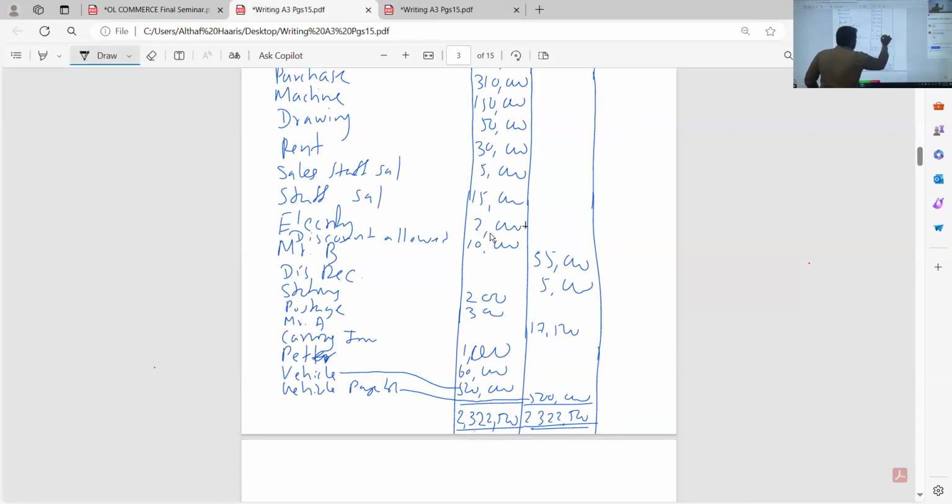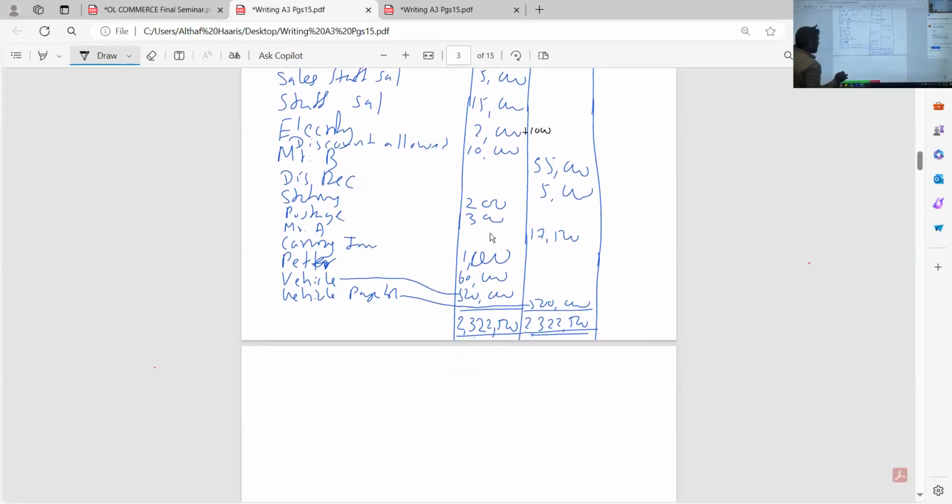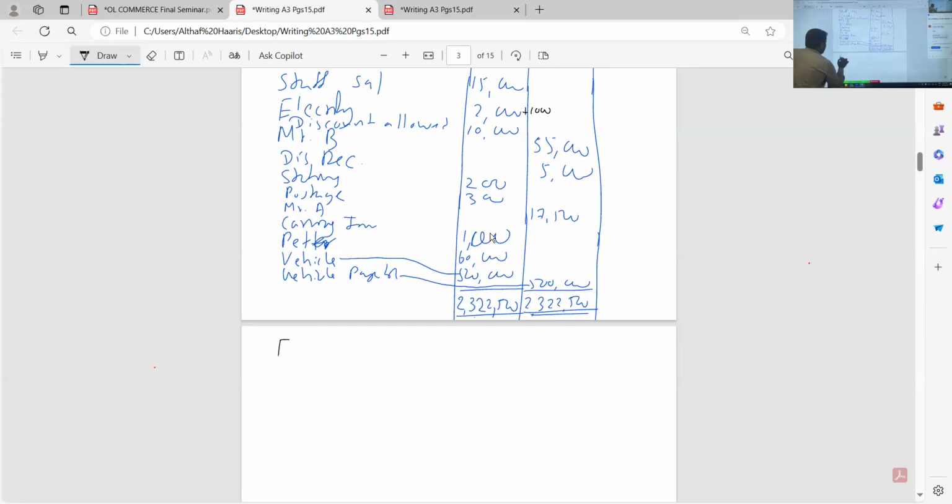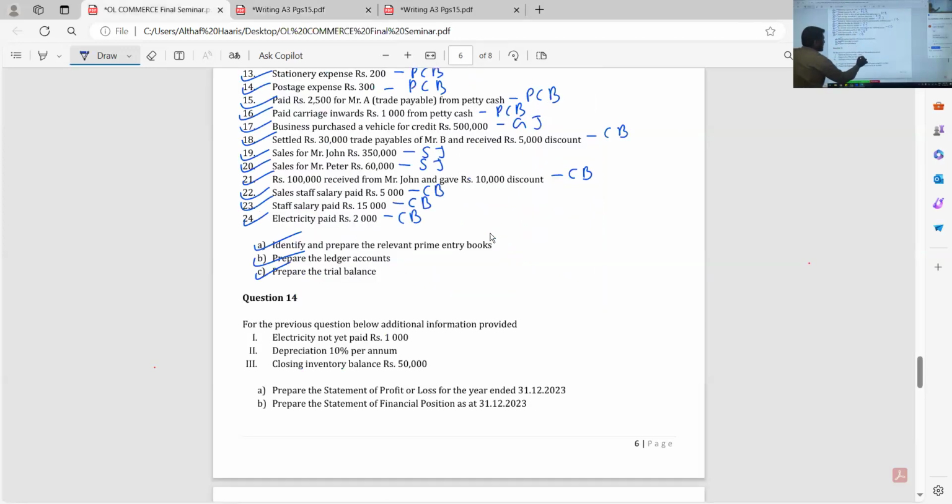So electricity debit 1,000 on the debit side. Not yet paid, so I'll add it to the trial balance: electricity payable, credit 1,000. So you have a debit and a credit. That entry is done.